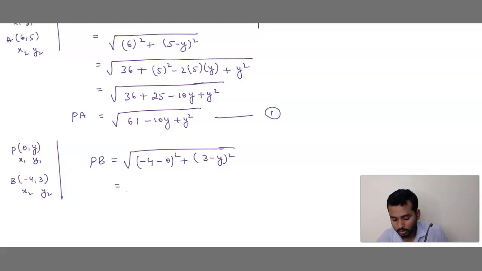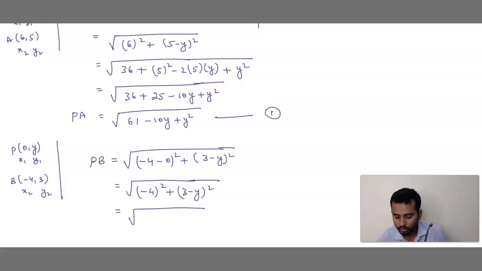Good. It is equal to root of minus 4 minus 0, minus 4 whole square, plus 3 minus y whole square. It is equal to root of minus 4 whole square, 16, plus, again it's in the form of a minus b whole square, a square minus 2 into a into b plus b square.